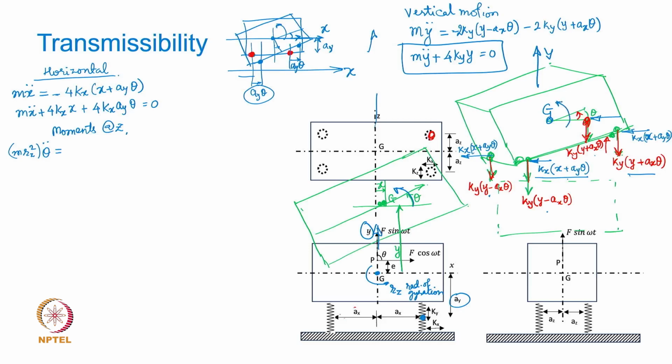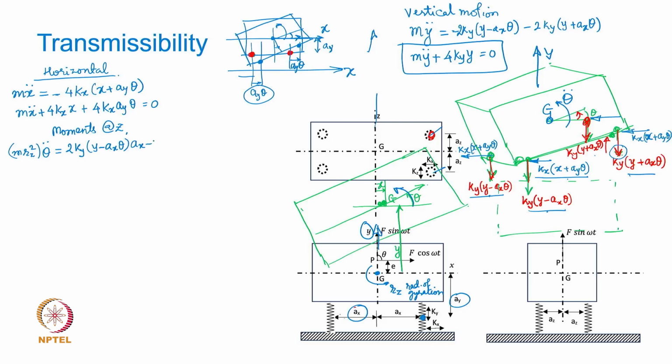Your theta and theta double dot are positive counterclockwise, so 2 ky into (y minus ax theta), right? This force and this force, both of them are counterclockwise, so they are in the direction of the angular acceleration. Ax theta times this distance for getting the moment, a into ax. The other two forces are going to create moments; the forces at these two mount positions are clockwise.